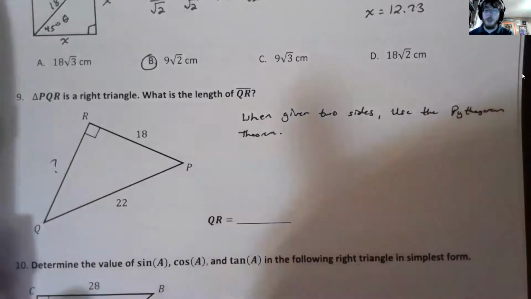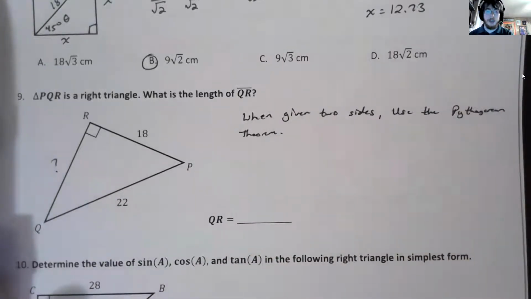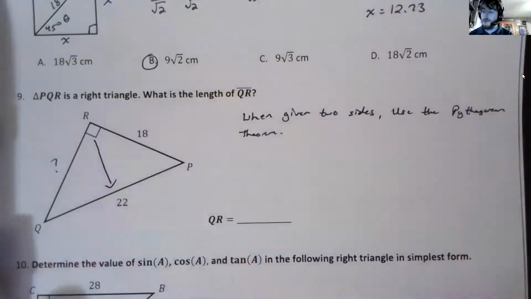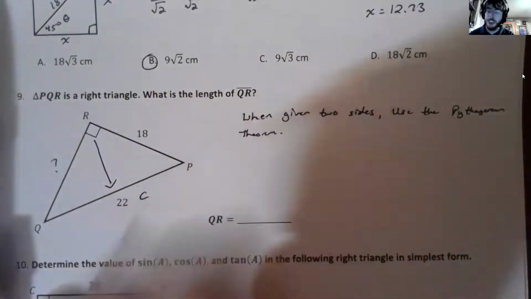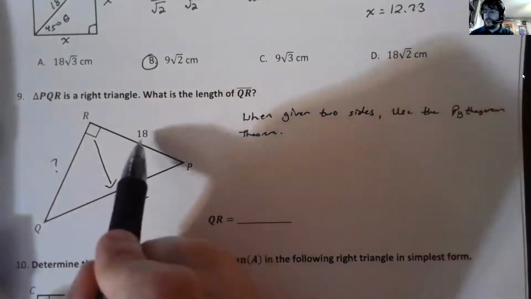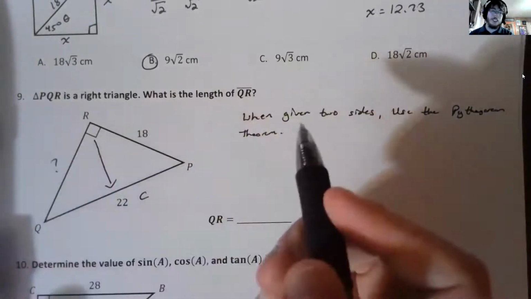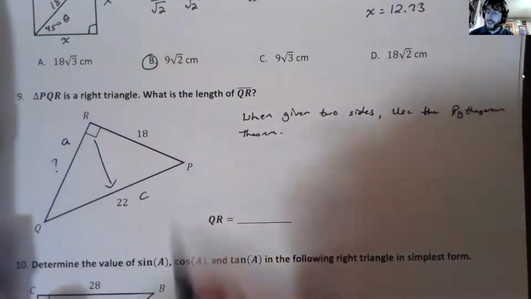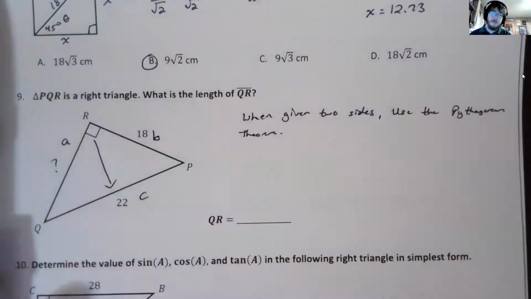Okay? So remember, C is always your hypotenuse, and your hypotenuse is opposite the right angle. So that means that 22 is our C value. Then for the rest of it, we can label either one of these as A or B. Okay? I'm going to label the unknown as A and 18 as B. I normally do A as the short leg, but if it's unknown, it doesn't really matter.